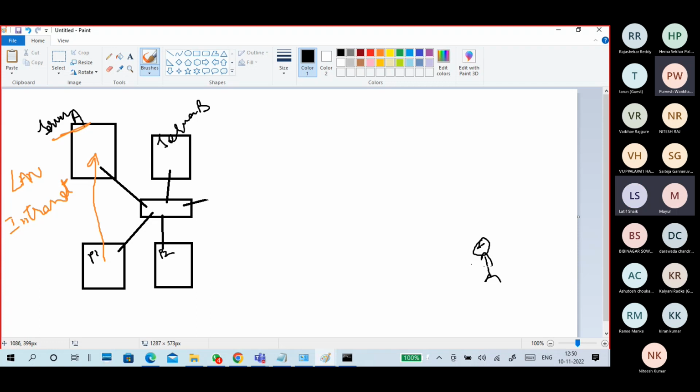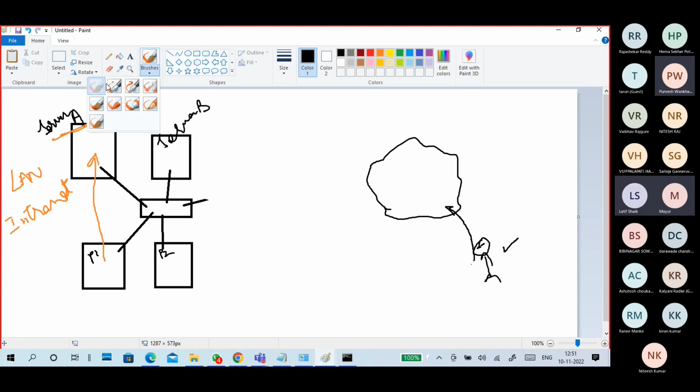This is a person who is not in my network. Somewhere it is located. For example, this is my server. You are trying to access my server through internet. So you send a packet to the internet. So how to reach this destination? This is already a private IP address.